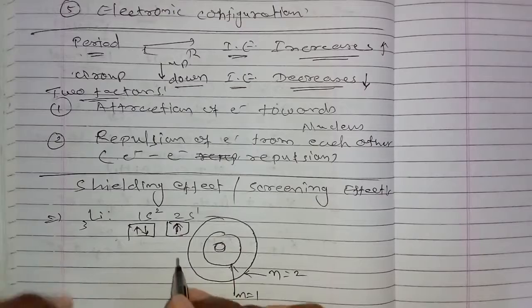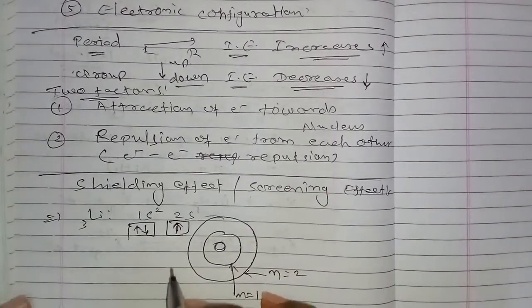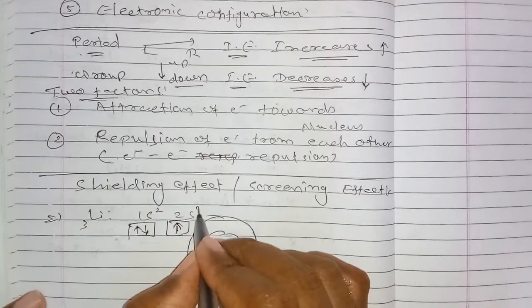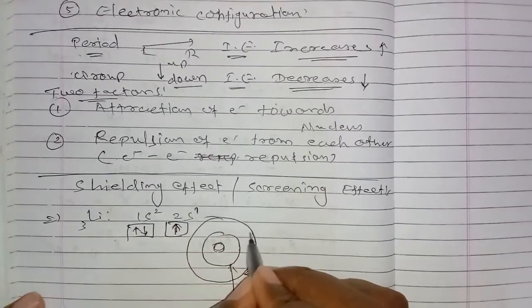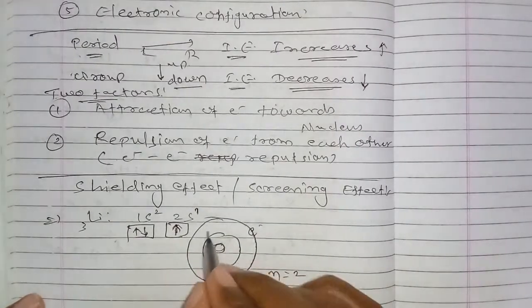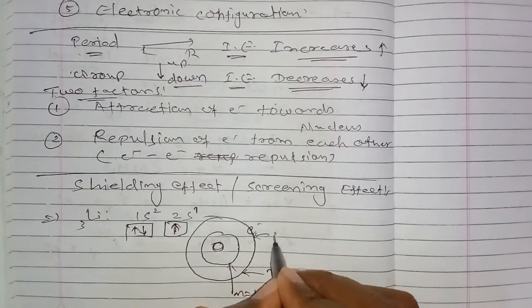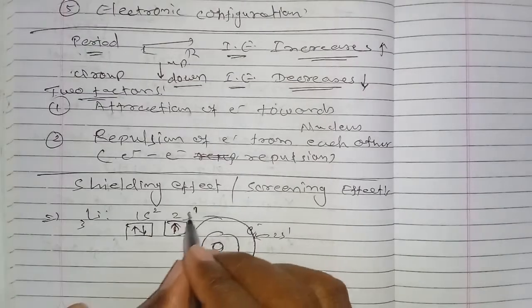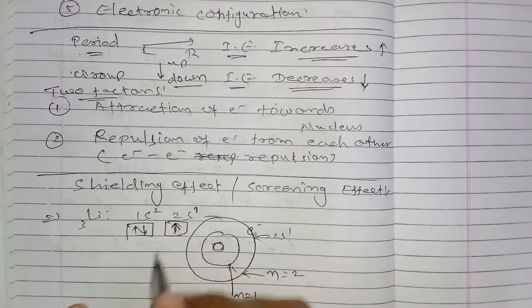Because it remains in the outermost orbital, the 2s orbital.